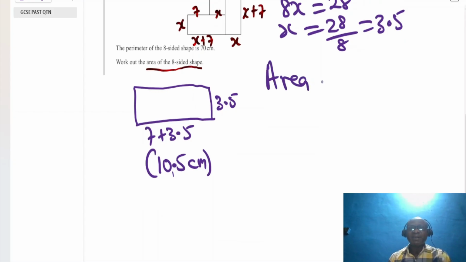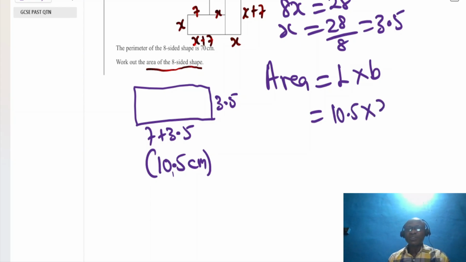The area of a rectangle is given by length multiplied by width, which means the length now is 10.5 multiplied by the width, which is 3.5. This is going to give me the area of one rectangle. That is 3.5 multiplied by 10.5. So the area of one singular rectangle is going to be 36.75 cm square.